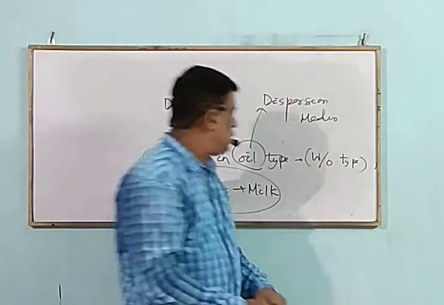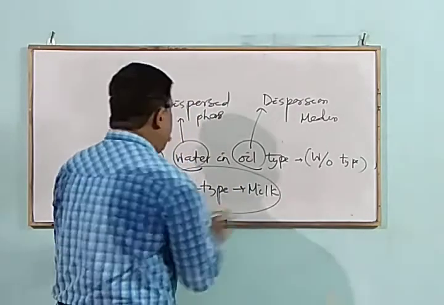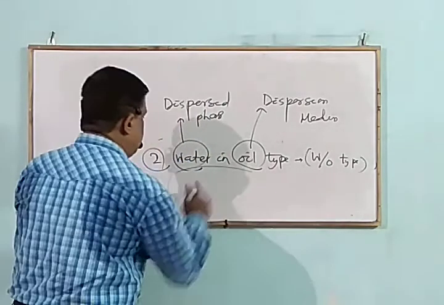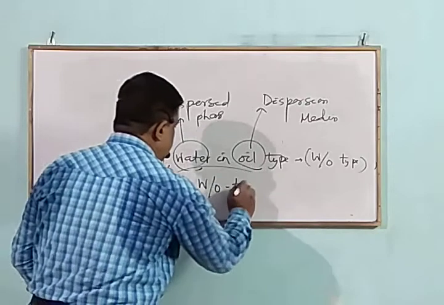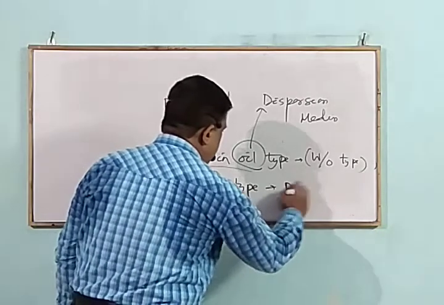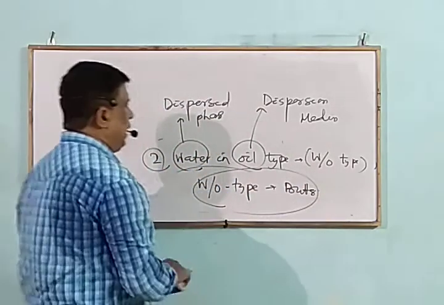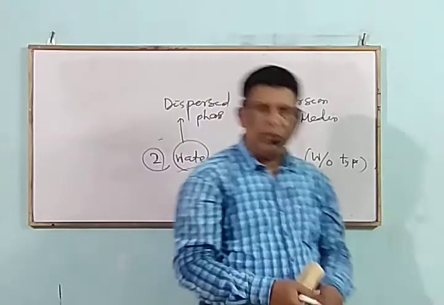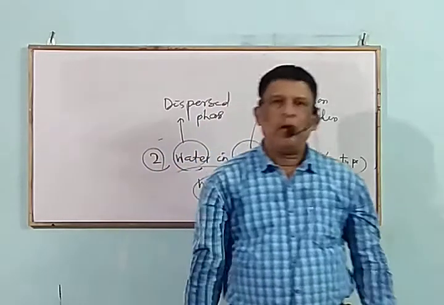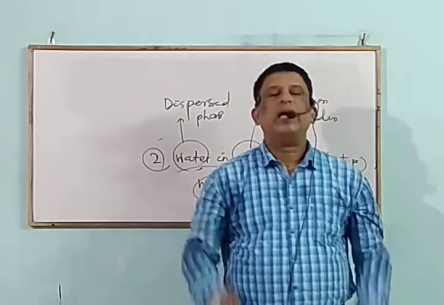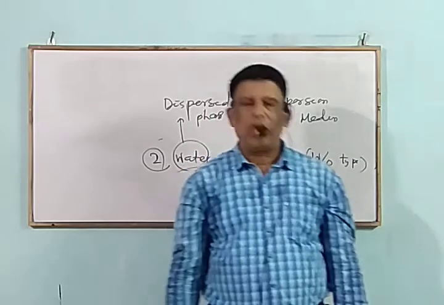It is known as water in oil type. And suitable example is butter. It is all about the emulsion and types of emulsion. And also it is all about the chapter surface chemistry.